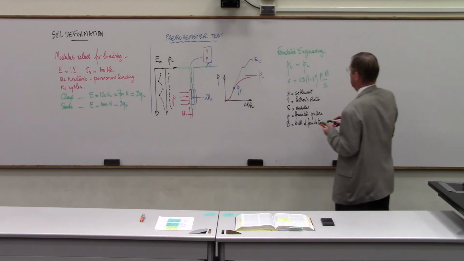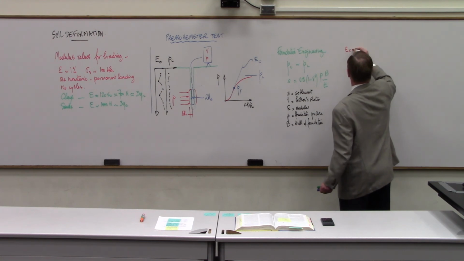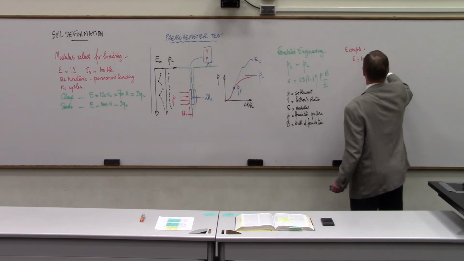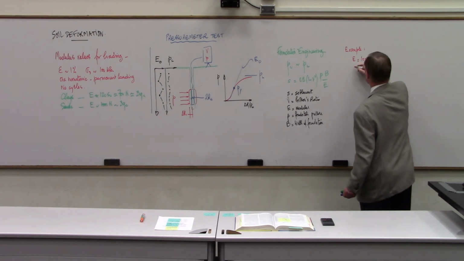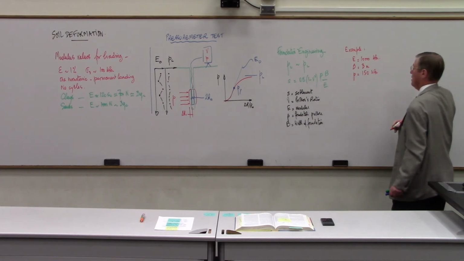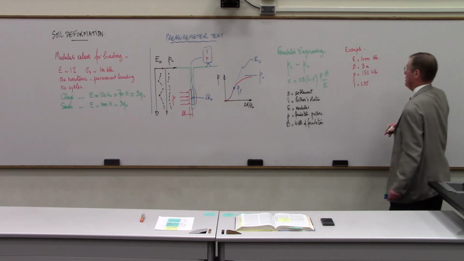So let's say, as an example, that we have a modulus E of 10,000 kilopascal, a footing that has a width of 3 meters, a pressure on the footing of 150 kilopascal, and that Poisson's ratio is equal to 0.35, and that it's a rectangular footing.